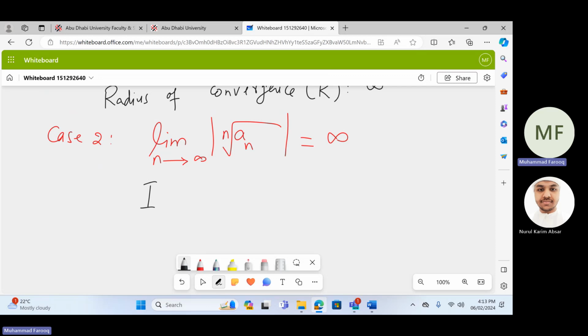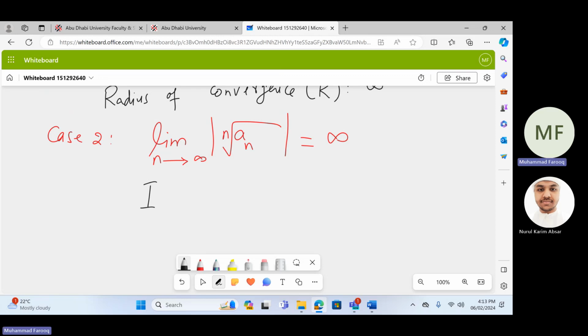The power series you are given, when you perform the root test on it, diverges everywhere except one point, because the root test gives the answer infinity.